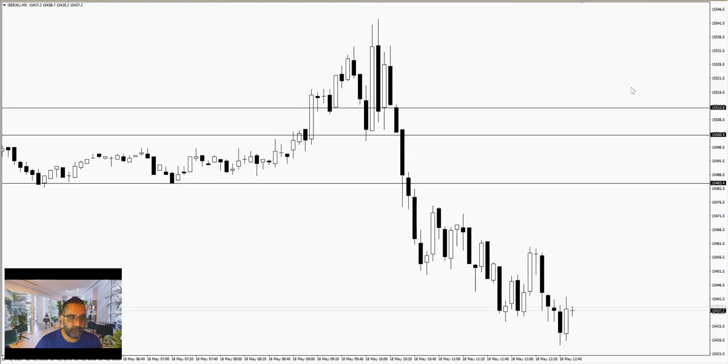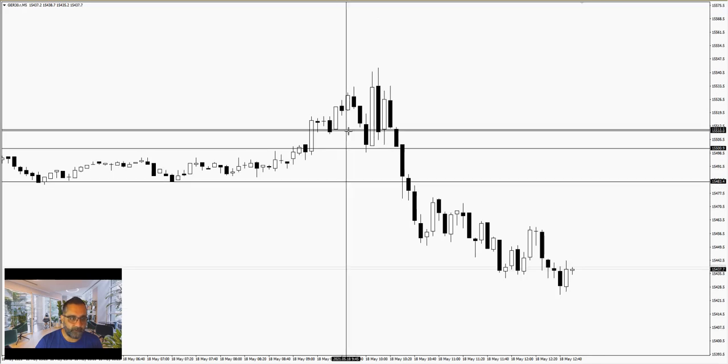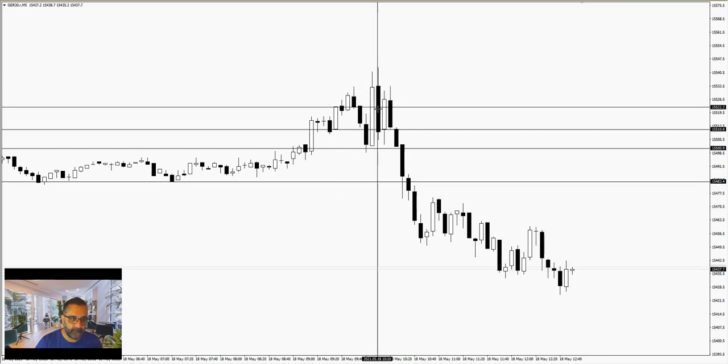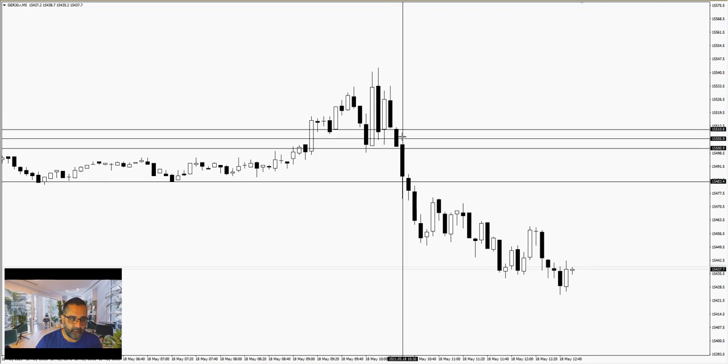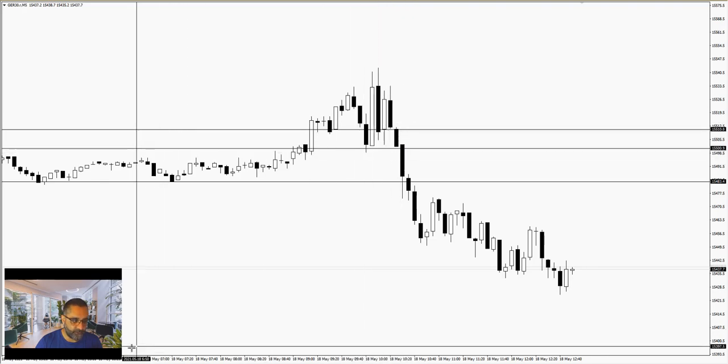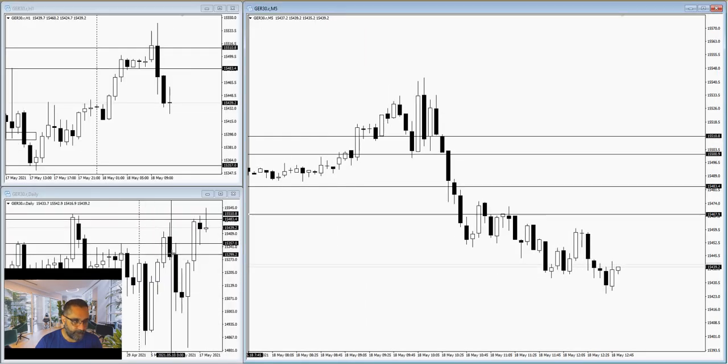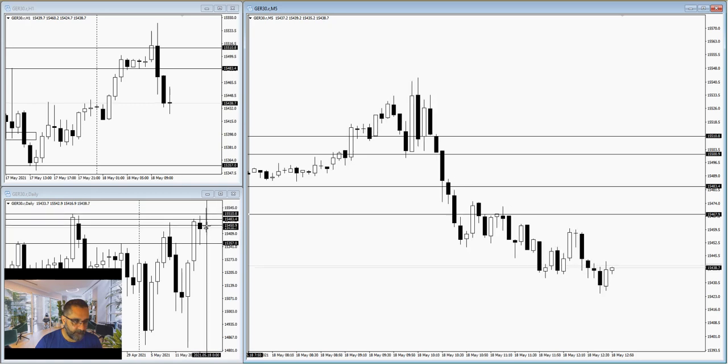The reason was simple. I had those levels, price tried to break it, couldn't break it, comes down, and these are those two lines that you saw. See these lines here? You can see that the day is already turning, and there are a lot of hours left in it.